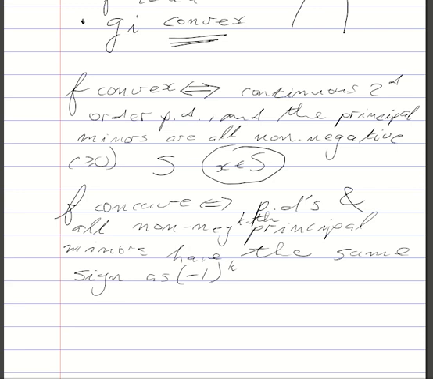Now, what does this mean in practice? First of all, just note that here again it says non-negative, so only the principal minors that are strictly greater than 0 will be considered. This is because, if you look in 2 dimensions and apply this rule to a plane, you'll find that it actually satisfies both of these conditions, and that is because a plane can be considered to be both convex and concave.